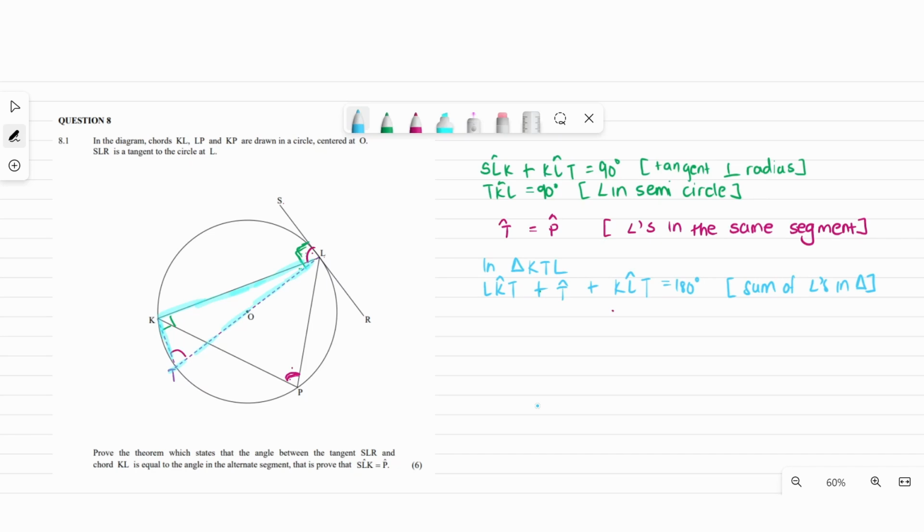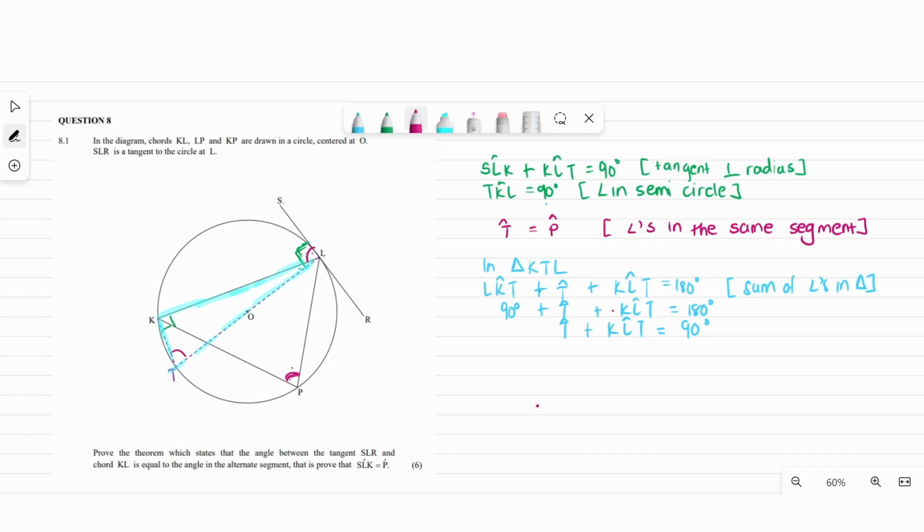Then after that is done, we know that LKT is equal to 90 degrees. We already wrote that down, so this is 90 degrees plus angle T plus KLT is equal to 180 degrees. Therefore, angle T plus KLT is equal to 90 degrees. But what do we see? We can link these two. I'm going to highlight it in pink.